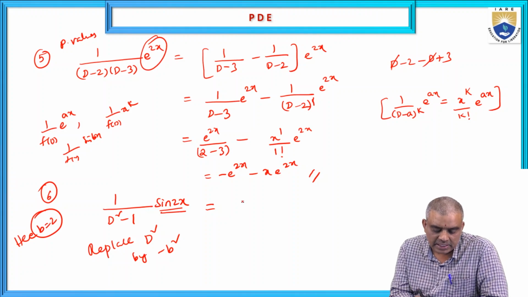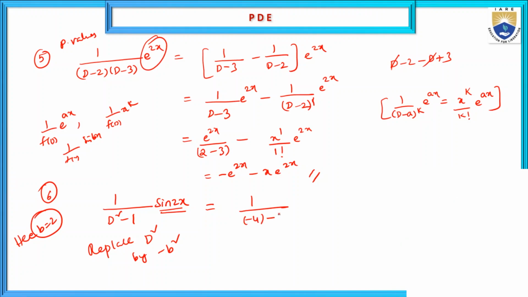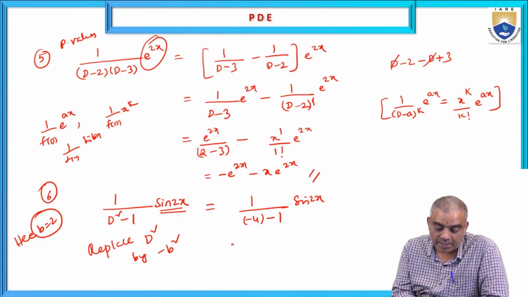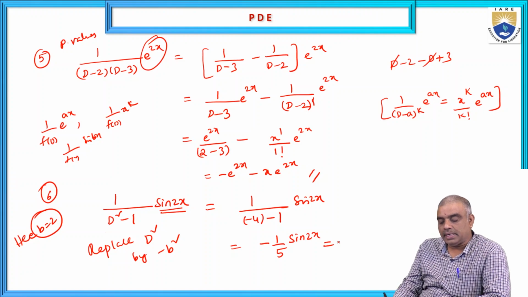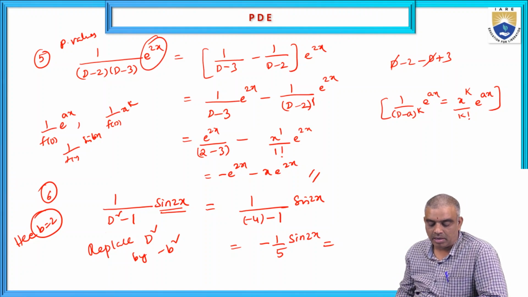Replace D square by minus b square, that is minus 4. So 1 by minus 4 minus 1 of sin 2x, or minus 1 by 5 of sin 2x. Very simple. Minus 1 by 5 of sin 2x will be the solution.